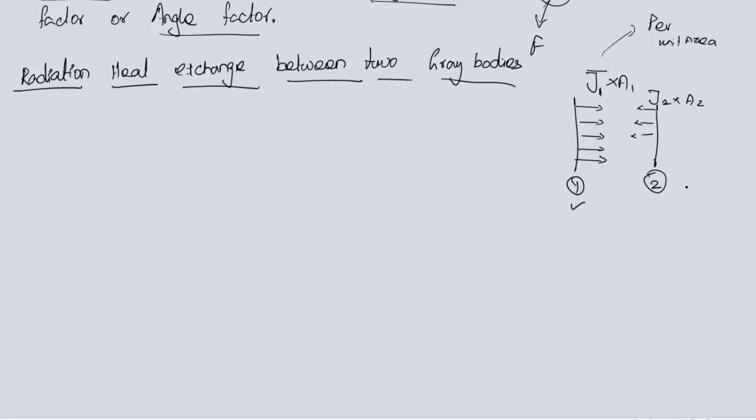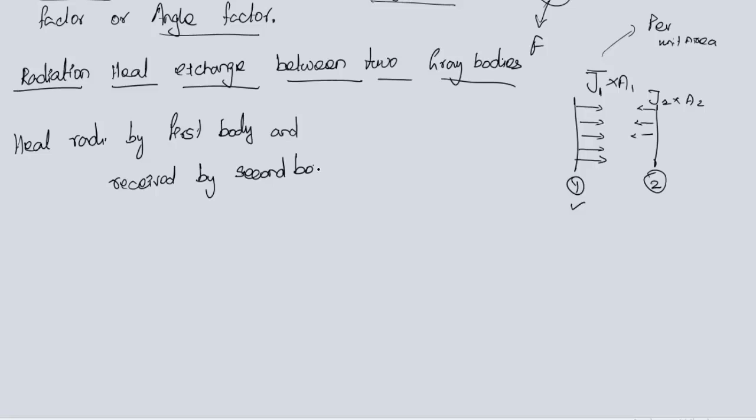This is what I am going to write now. The heat radiated by the first body and received by the second body. The heat radiated by the first body is J1 into A1. Now the second body receives that energy as per the shape factor F12.